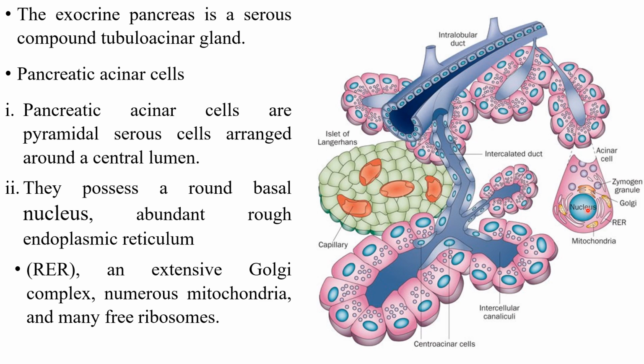An abundant rough endoplasmic reticulum. Since they are secretory cells, they need a lot of rough endoplasmic reticulum, and their cytoplasm will have numerous endoplasmic reticulum. Along with rough endoplasmic reticulum, an extensive Golgi complex as well as numerous mitochondria are also present, along with many free ribosomes.